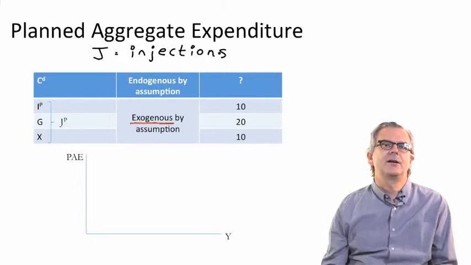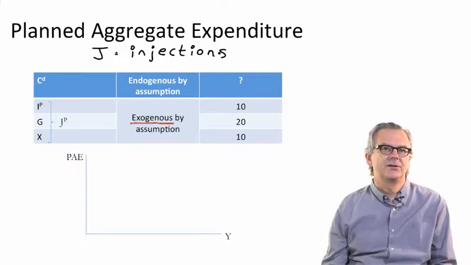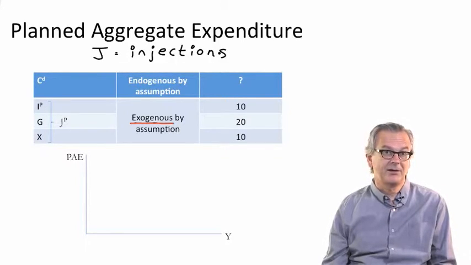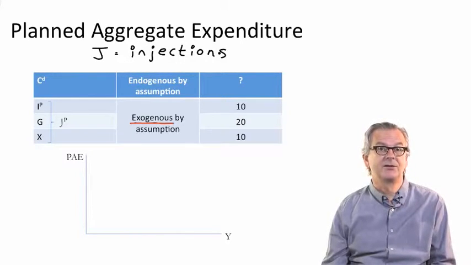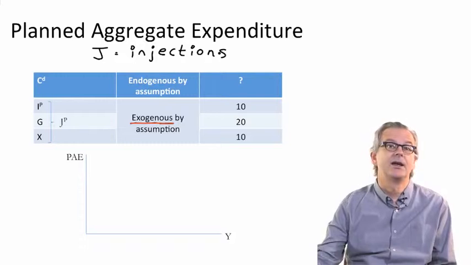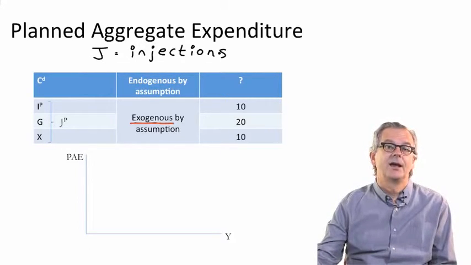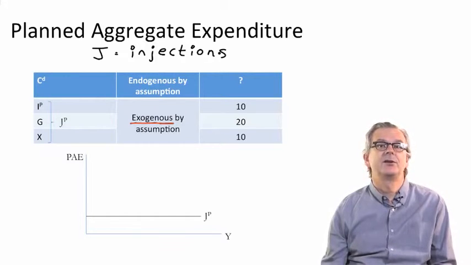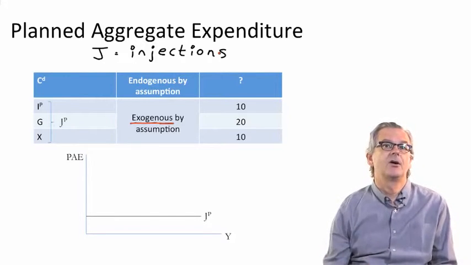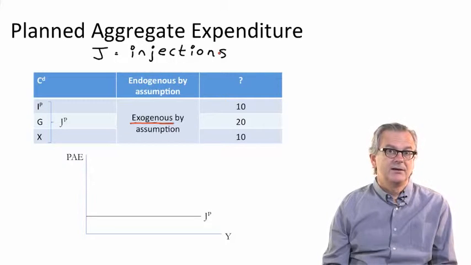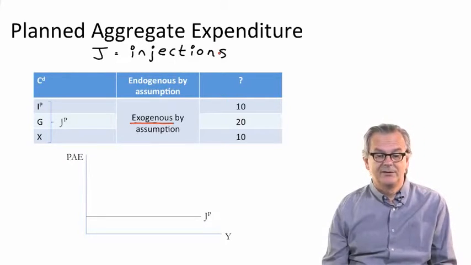Now we can illustrate planned injections very easily using the diagrammatic framework that we're developing with planned aggregate expenditure on the vertical axis and GDP on the horizontal axis. And we're going to represent planned injections using a horizontal line. The fact that this line is horizontal is no accident.